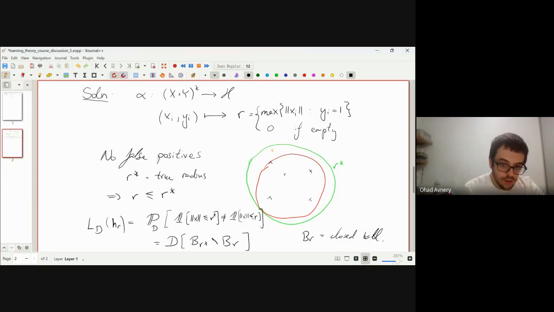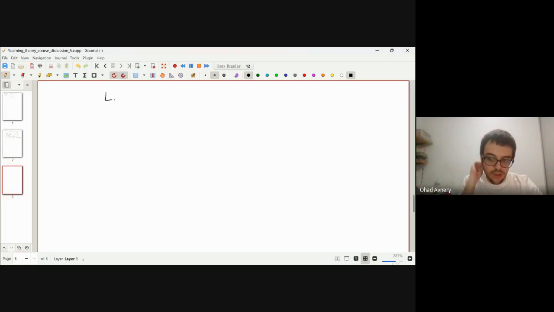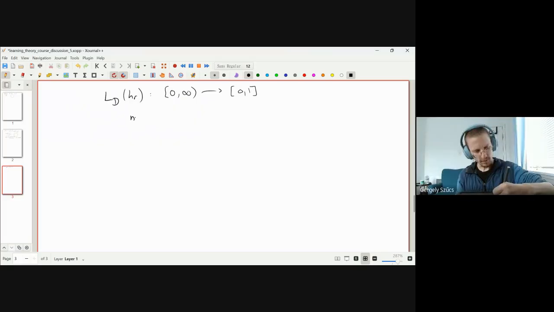And this is a function that's defined on all R from 0 to R star. It has some interesting properties. It's not necessarily continuous because the measure might have some singletons, but I did prove some properties of it. Not necessarily continuous.